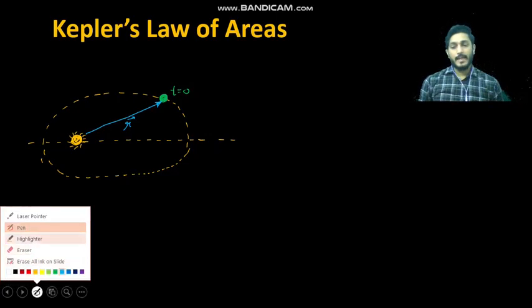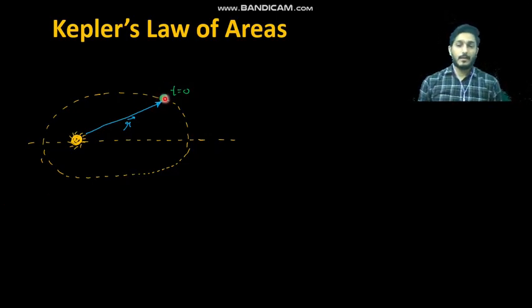Let us analyze the motion of Earth around the Sun. Right now the Earth is over here, and as time passes, the Earth will revolve in this elliptical orbit around the Sun. So simply speaking, its position will change with respect to time, and its position vector with respect to Sun will also change with time.